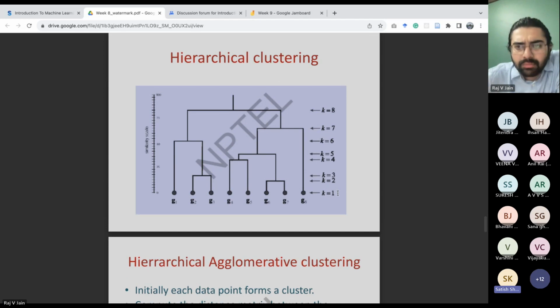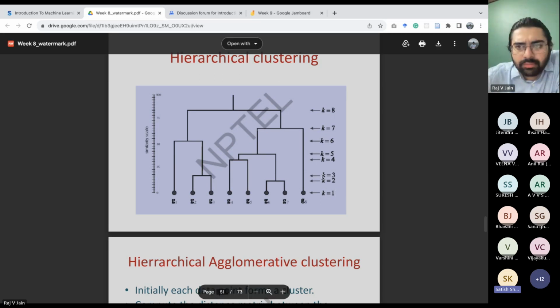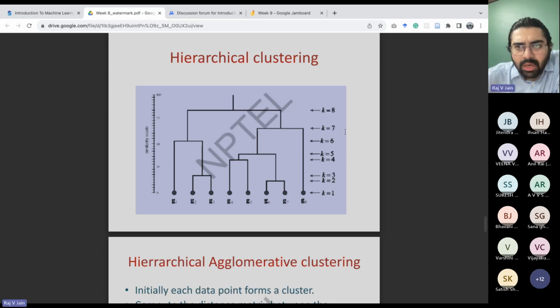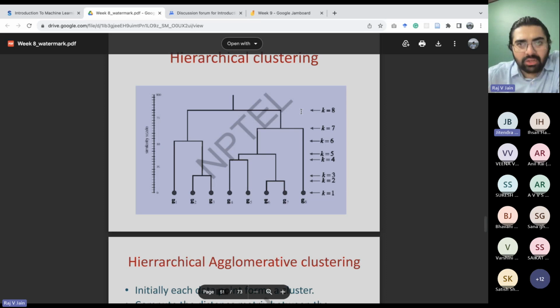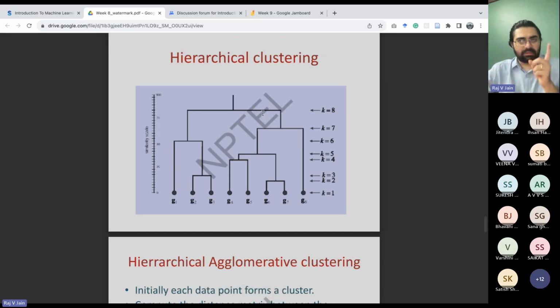Here, that k is in reverse order, na? It's supposed to be the k values. Can you see k equal to 1, k equal to 2? Yeah, they are reversed. So k equal to 1 means one cluster. This is the point where you have one cluster because everything is in this one, and then we get two clusters.